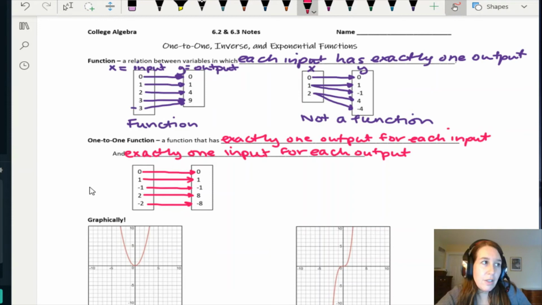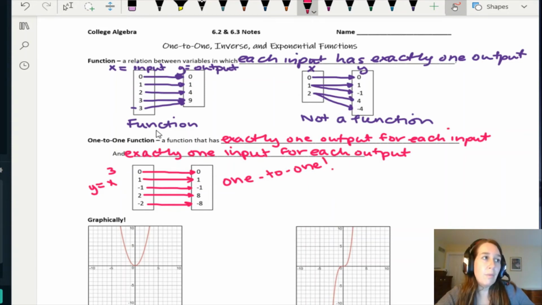This is probably y equals x cubed, right? When you cube a negative number, you get a negative number. If you cube 2, you get 8, but if you cube -2, you get -8. Notice that each input has exactly one output and vice versa. So this function is one-to-one.